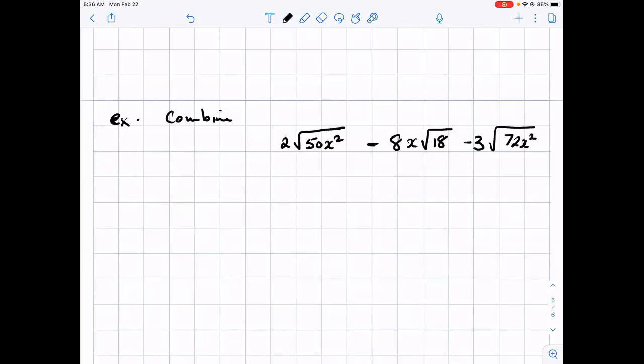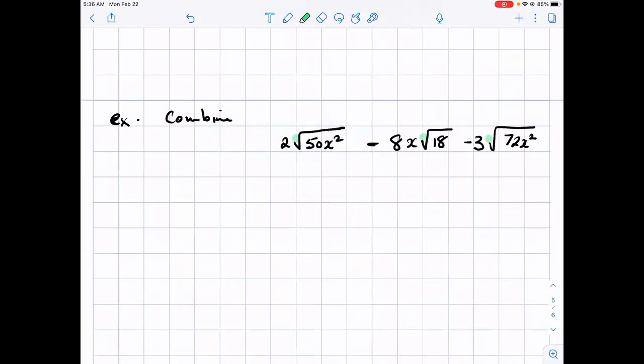So a couple of things to notice. The index are all the same. That's one of the most important parts, right? The index has to be the same. So this index is the same as this index is the same as that index. All of the index are the same. So if the index are the same, we're good.